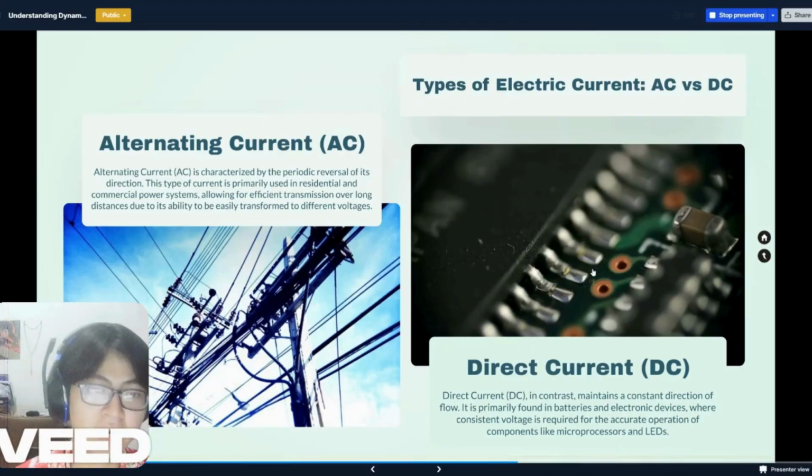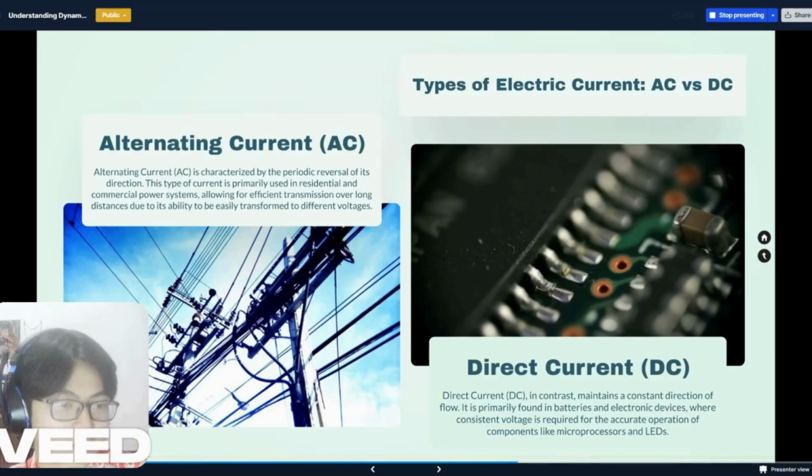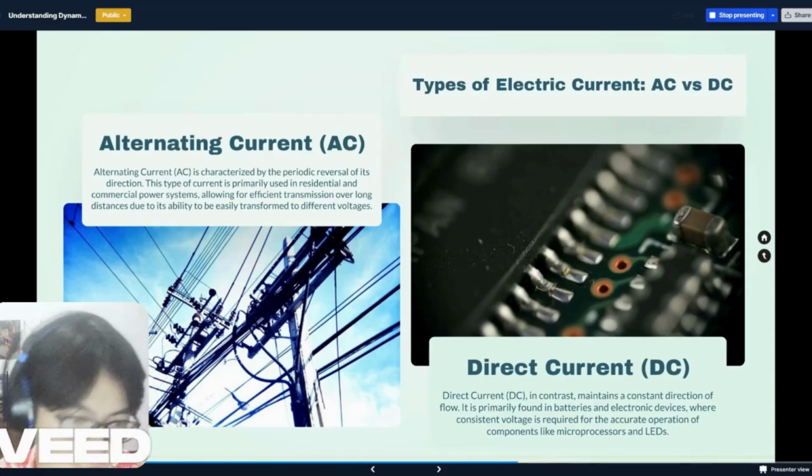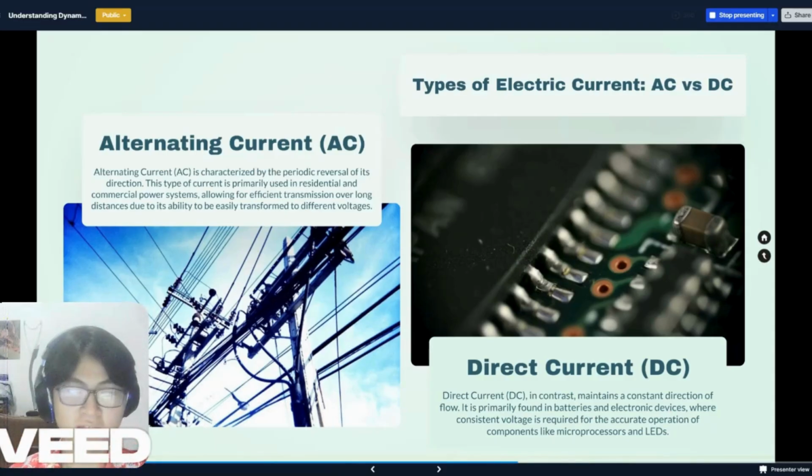So direct currents are constant, and consistent voltages are required for the accurate representation and operation of components like microprocessors and LEDs, basically the internals of a phone and the hardware inside of it.